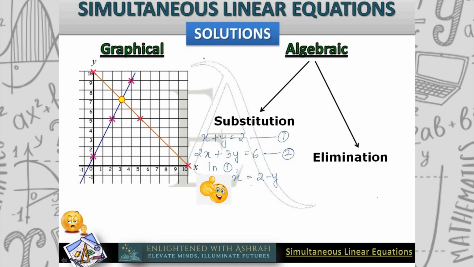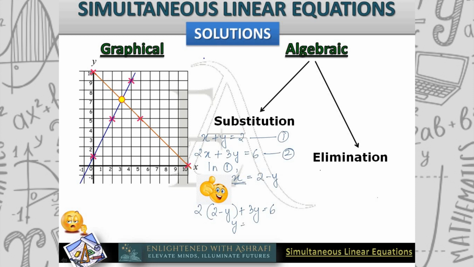Now this value of x I will substitute in my second equation, so I get 2 minus y plus 3y equals 6. So what did we do over here? We substituted the value of x in the second equation, and here we will find the value of y, and then using the value of y we will find the value of x.